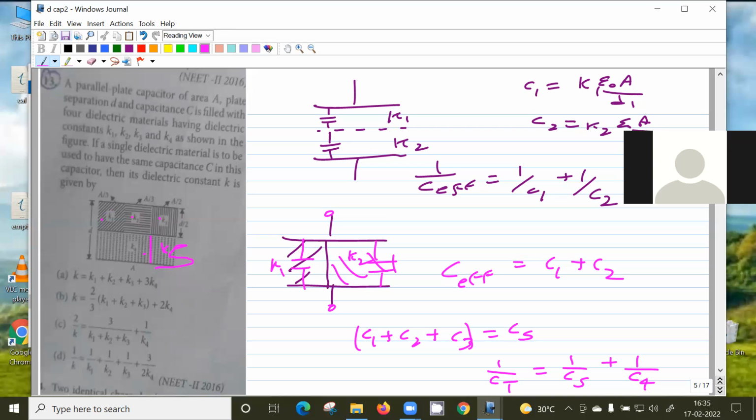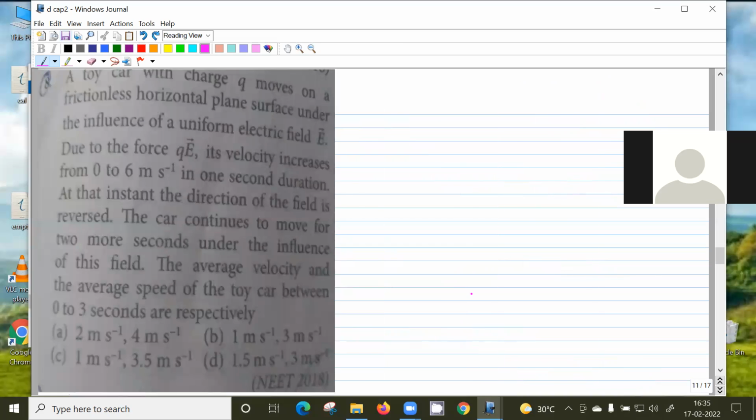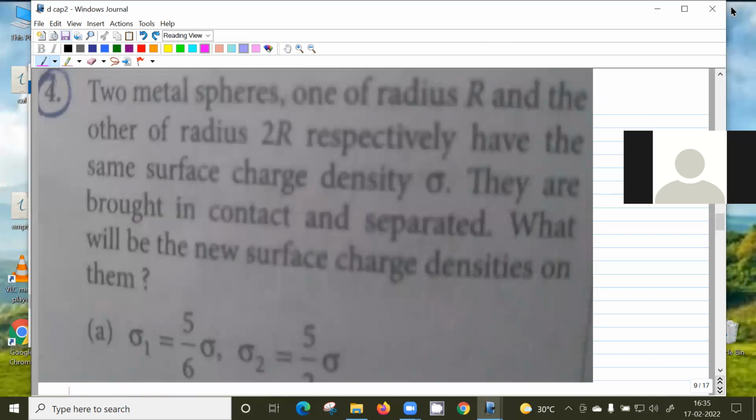After that, I combine these two in series. Okay, I'll get back to this later.